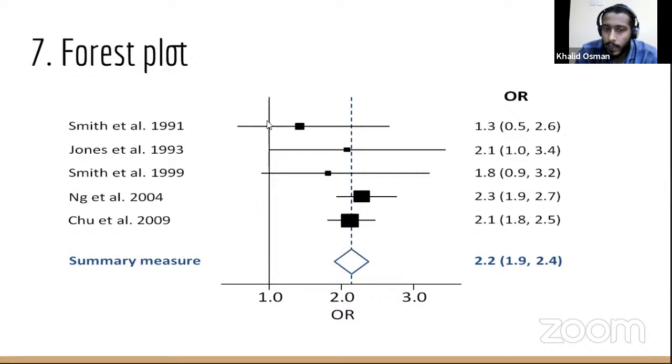You can also look at these different papers below. We can find that 2 of them are statistically significant. This one done in 2004, and the one below it that is done in 2009. An important thing to mention here is that these squares have different sizes.